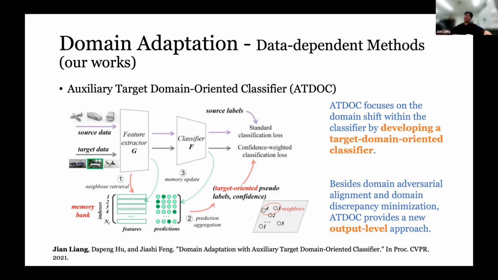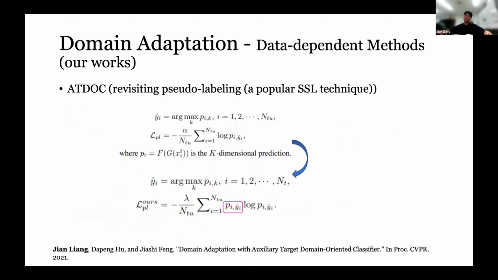We assume the domain shift always exists since the target domain has the same classifier as the source domain. To avoid this problem, we introduce an additional classifier for the target domain specifically. In the following page, I will introduce how to obtain this classifier.